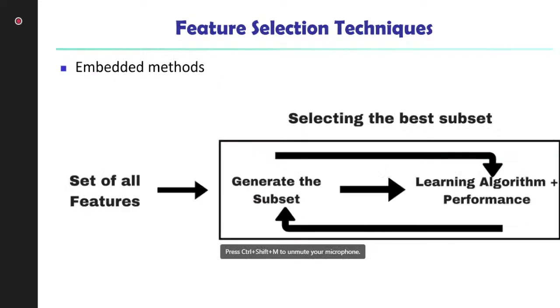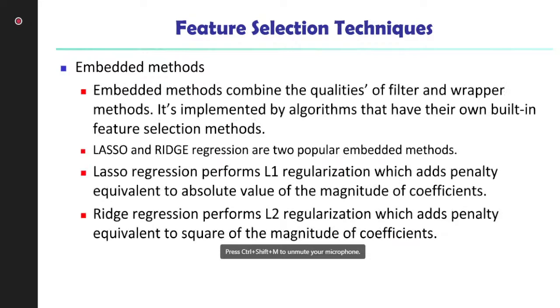Embedded methods are simple ones. So what are embedded methods? They say feature selection is a part of the algorithm only, right? Like a decision tree. A decision tree is an embedded method where we are doing feature selection. When we are selecting a root node, the root node is the best node, obviously.